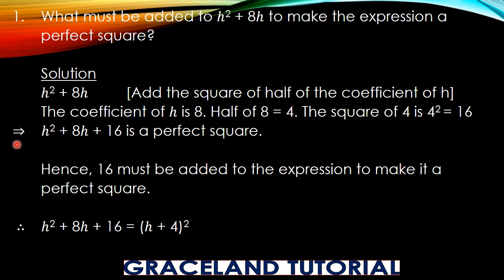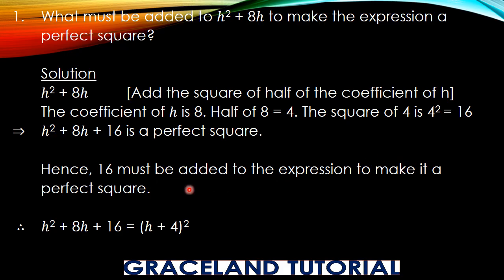Now, this implies that h squared plus 8h plus 16 is a perfect square. As the question asks, what must be added to h squared plus 8h to make it a perfect square, meaning 16 must be added to the expression.